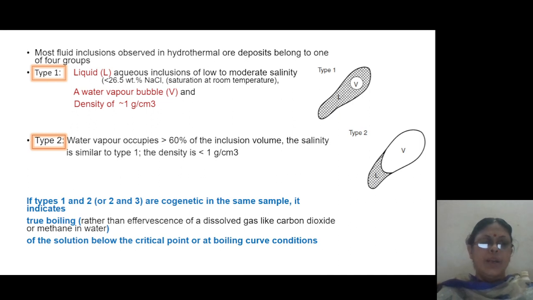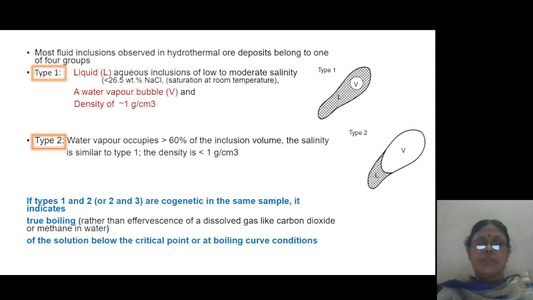If types 1 and 2 or types 2 and 3 are cogenetic, which means they formed together at the same time in the same sample, it indicates true boiling. True boiling means the temperature is high enough for boiling to take place, rather than effervescence of a dissolved gas like carbon dioxide. We know that when boiling takes place, gases escape from the liquid.